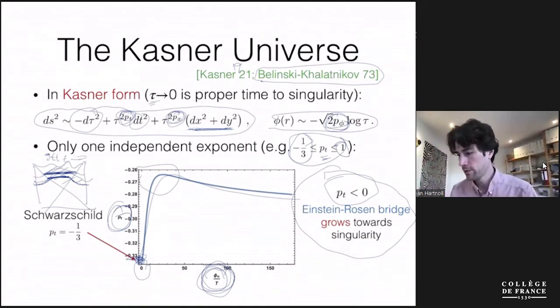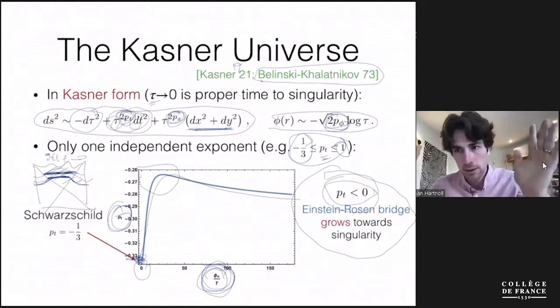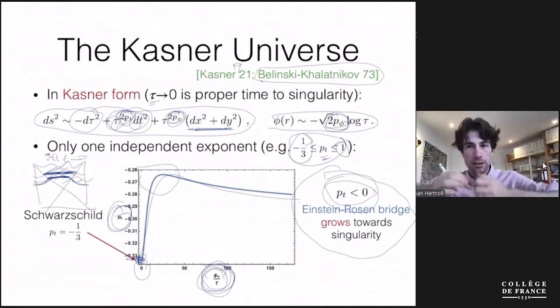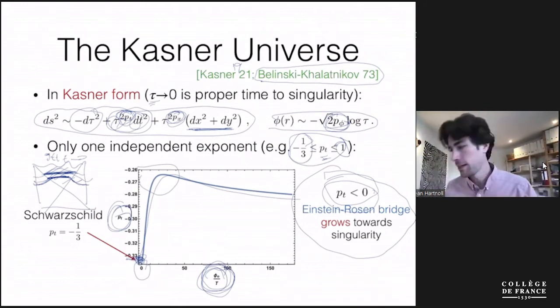This one is T. So the fact that PT is negative means that as tau goes to 0, GTT is growing. That's not obvious from the Penrose diagram, because that is about the causal structure. But the interior is growing at late times, and that's what PT being negative means.